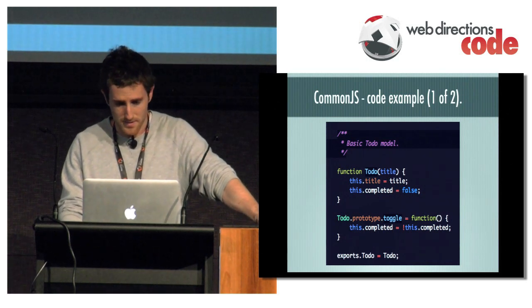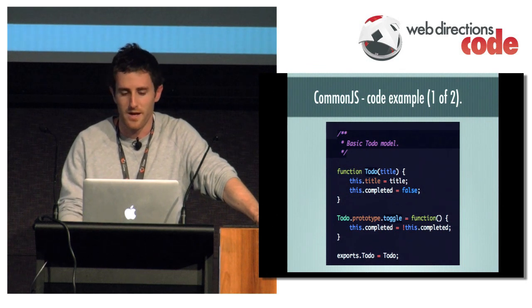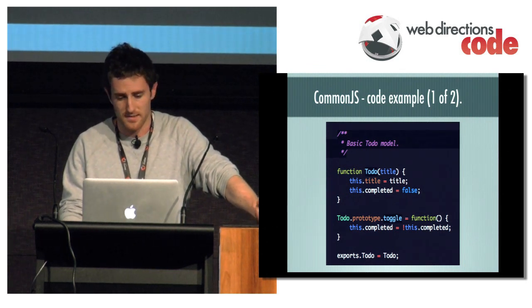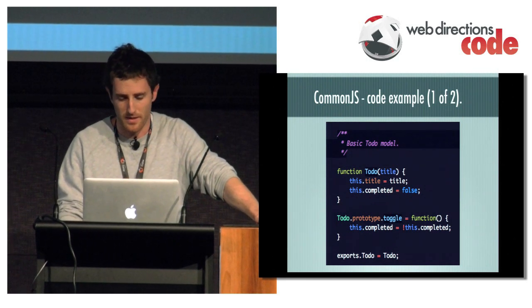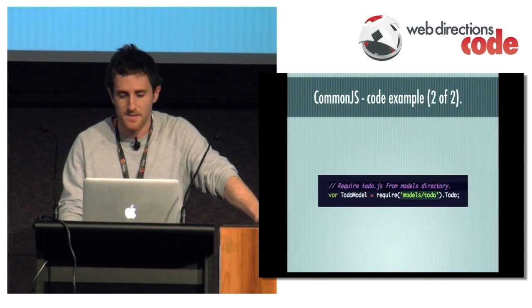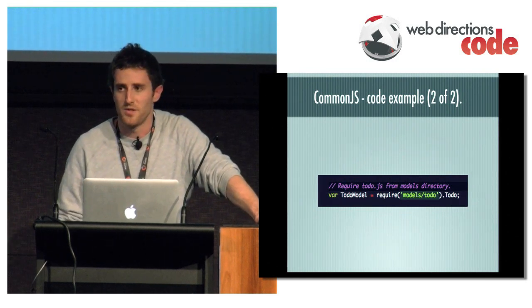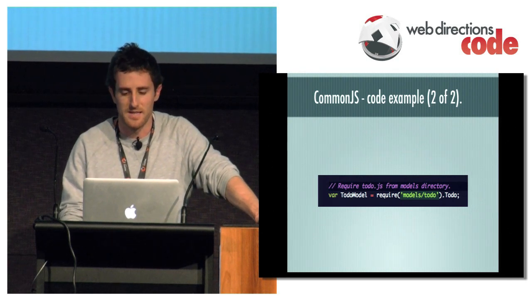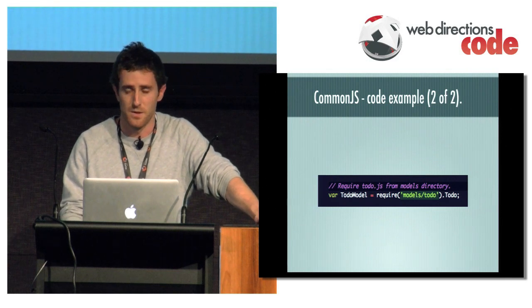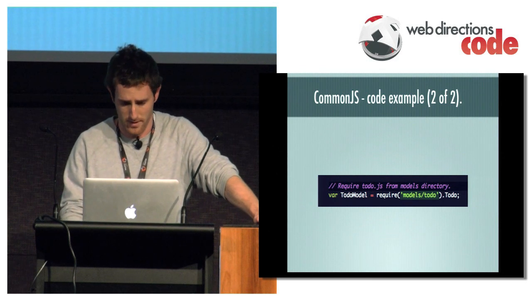Similar to the way that classes were being created before, we're creating a to-do class with just one function on it, toggle, and then exporting that out. Then similarly, we are requiring that. The other half of the CommonJS concept is the require function, in which we pass an ID, in this case models/to-do, and that's able to be resolved to the file, the to-do model declared before.